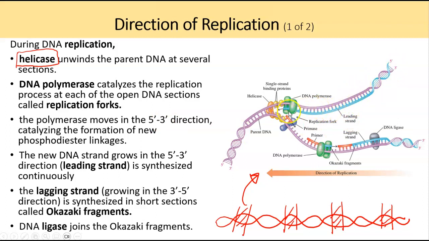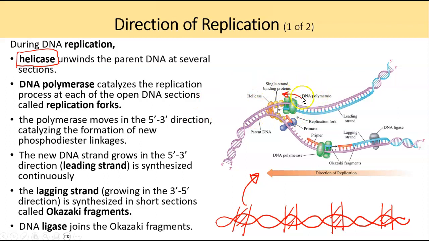You see this purple strand as the parent strand and this blue strand as one of the newly synthesized strands. In the newly synthesized strand, the 5' end is on this side, so the 3' end should be on this side, right? The DNA polymerase will only move in this direction of the newly synthesized strand.